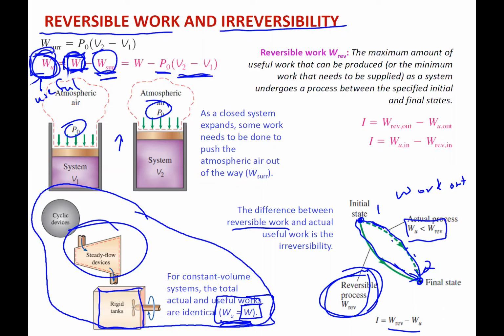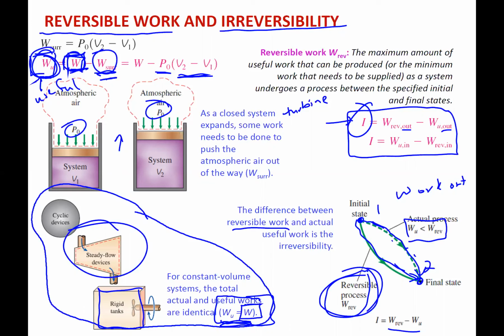Or in this case, you can see it here. We have the two being shown here. This one is work out, so that would be for like a turbine. So if you're putting work out from state 1 to 2, your reversible is going to get more, the actual, basically useful one is going to get less, and your irreversibility is going to be the difference, the wasted work potential.